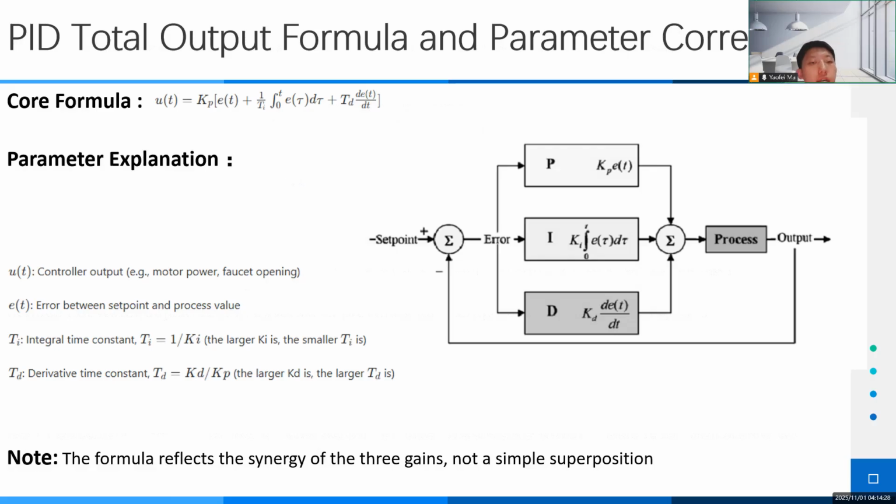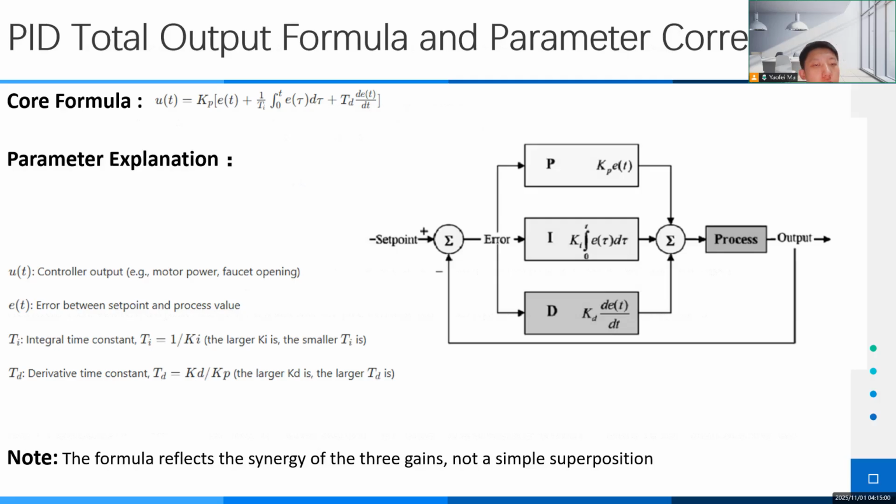Now let's look at how these three gains work together. The core formula for PID output is this. Let's break this down simply. U(t), the controller output, like how much hot water to let through or how much power a motor uses.